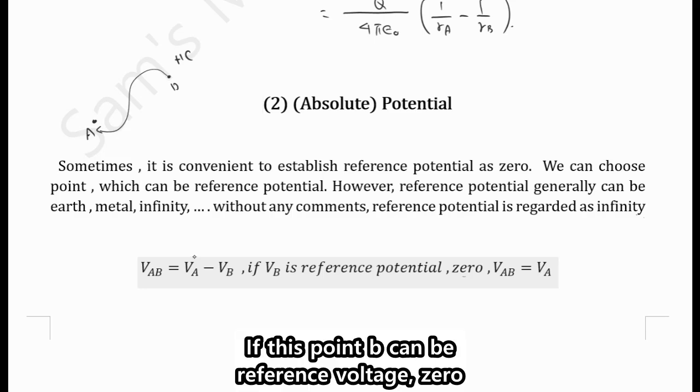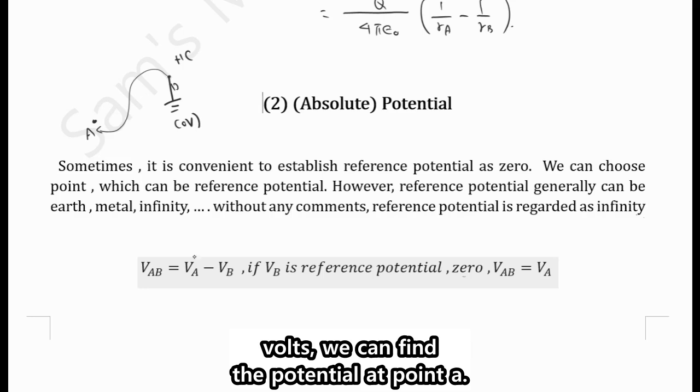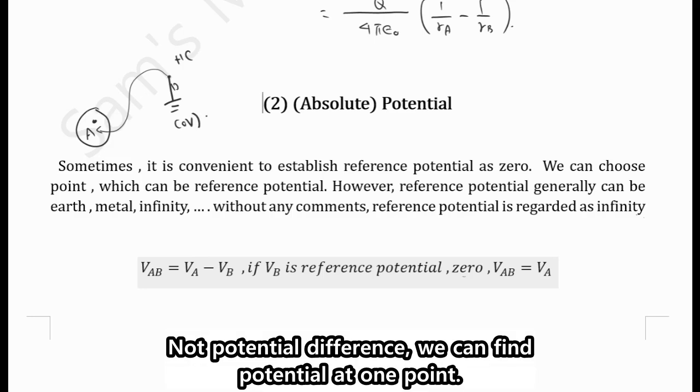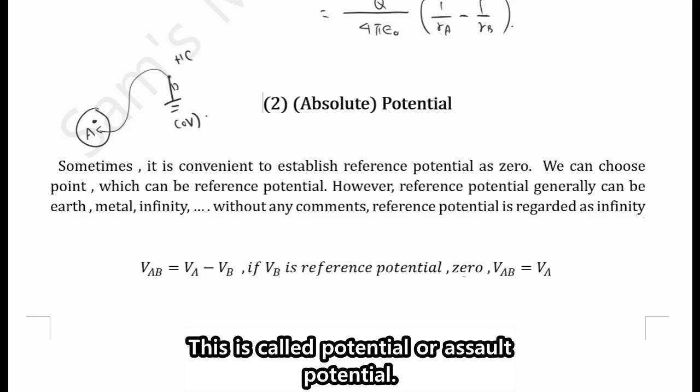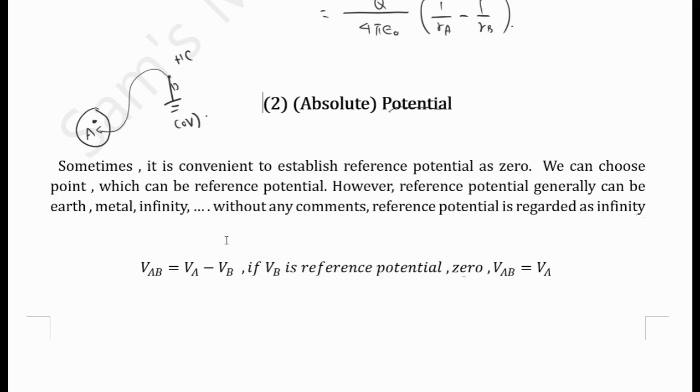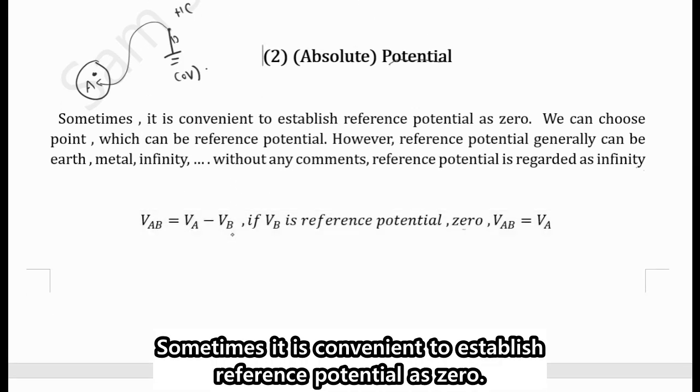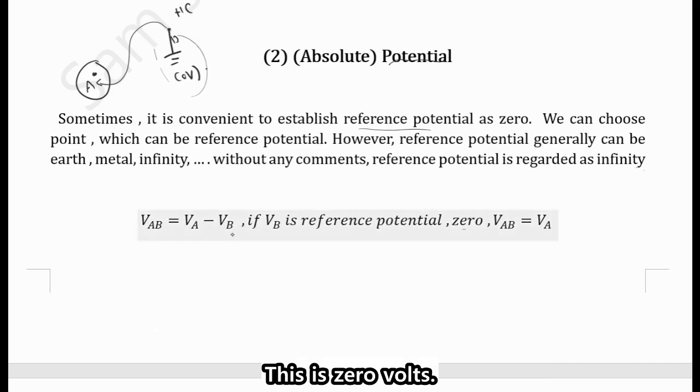If this point B can be the reference voltage 0 volt, we can find the potential at point A, not potential difference. We can find the potential at one point. This is called potential or absolute potential. Sometimes it is convenient to establish a reference potential at 0 volts.